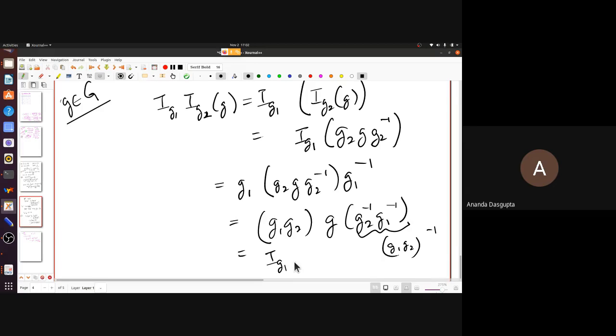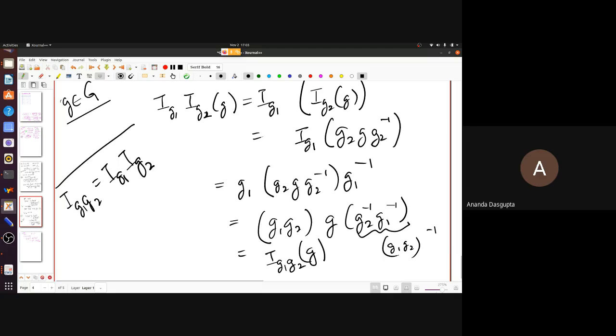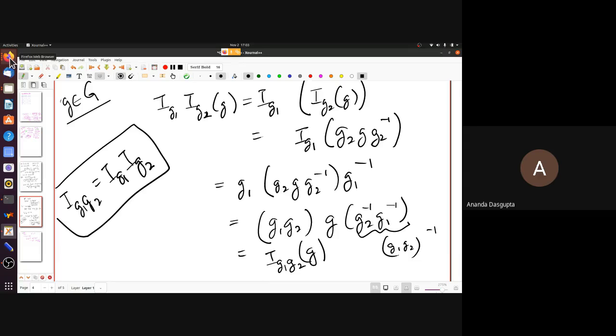So for any group element g, Ig1 Ig2 acting on g is the same as I g1 g2 acting on g. So you have this rule. Using this and using a bit of manipulation, it's very easy to show that the group of all inner automorphisms is actually a normal subgroup of Aut G.